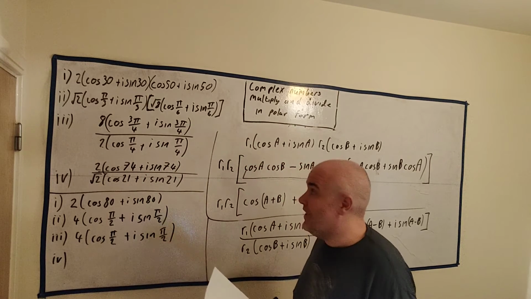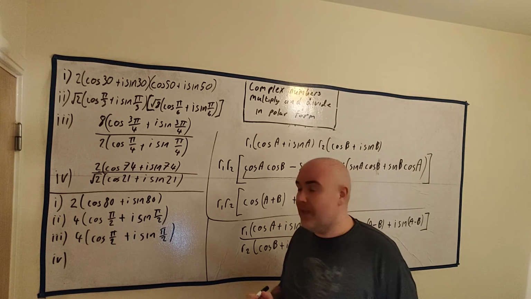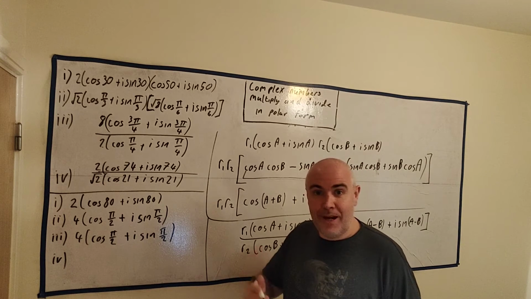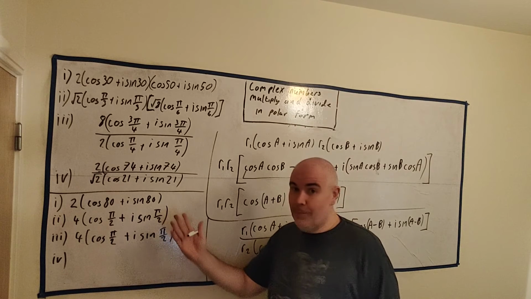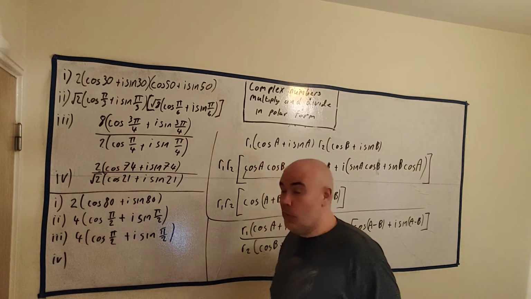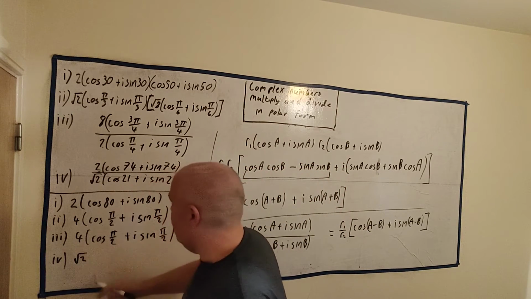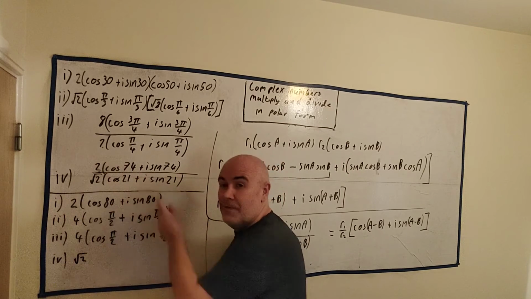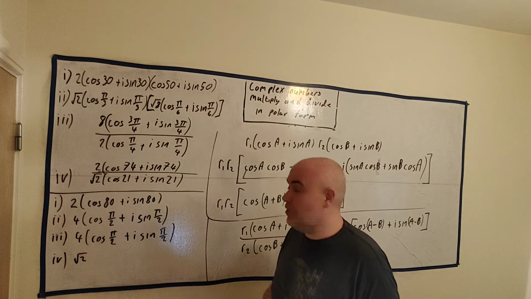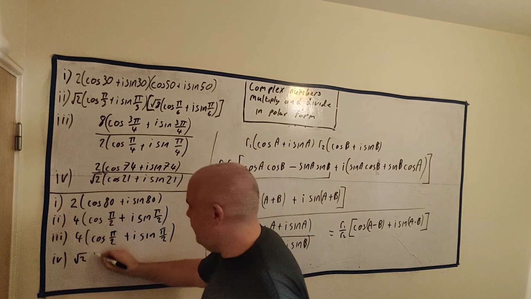And number 4. So hopefully you're seeing how ridiculously easy multiplying and dividing is in this. We're then going to see how easy it will be to get the power, because the power is just lots of multiplying. Multiplying is very easy. So is dividing. So this one, 2 divided by square root of 2. A little harder, but the answer is actually square root of 2. 2 is made up of square root of 2 multiplied by square root of 2. So when you divide it, we get square root of 2. Check that yourself.